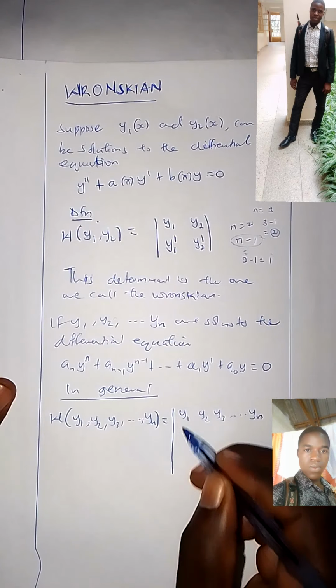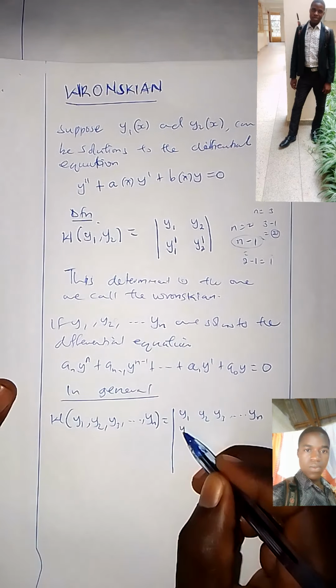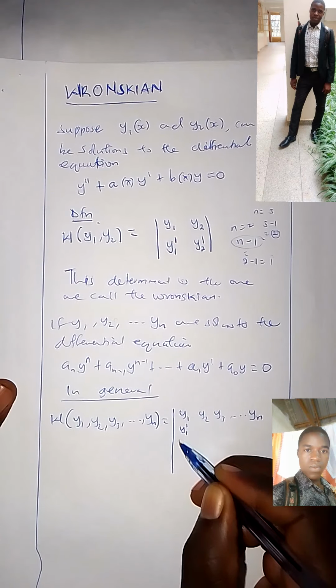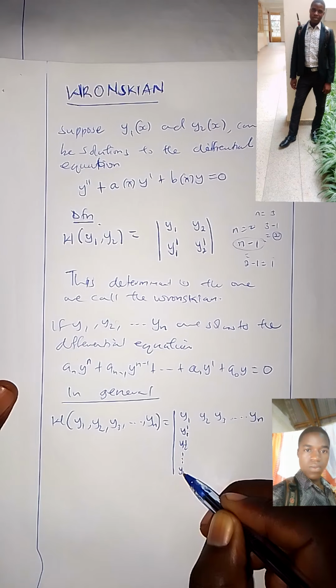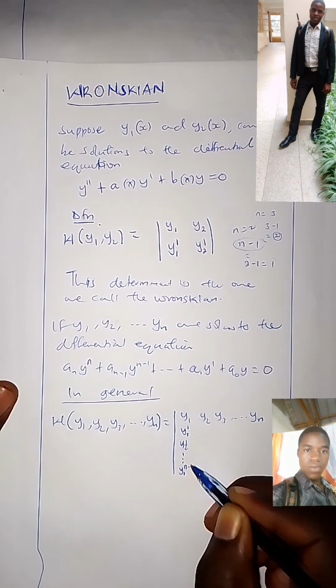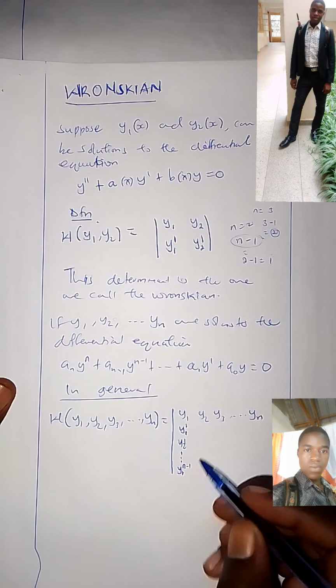So we have to differentiate, but up to n minus 1. So we have y1, differentiate this, y2, differentiate this, you can continue, and you are differentiating up to n minus 1. That's what we are saying.